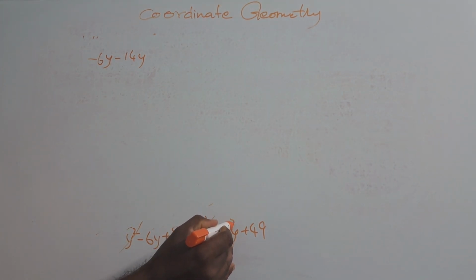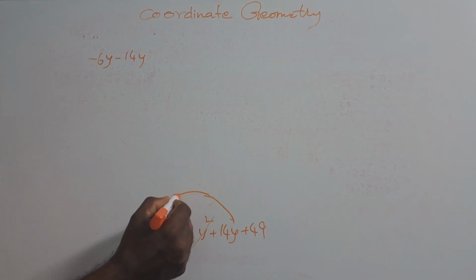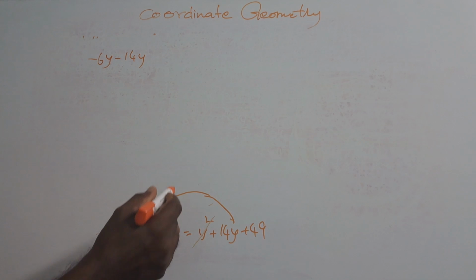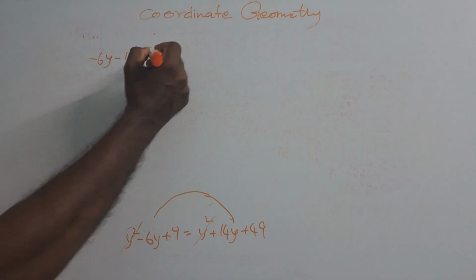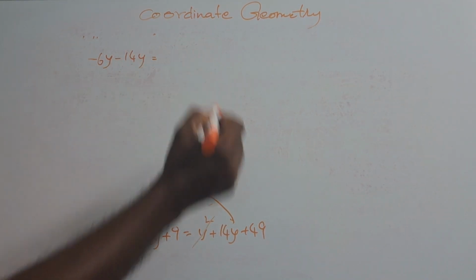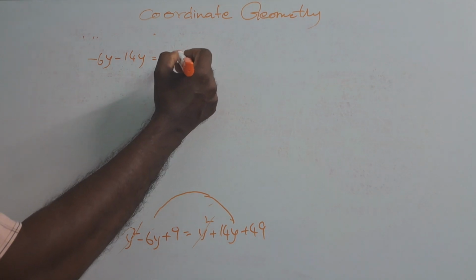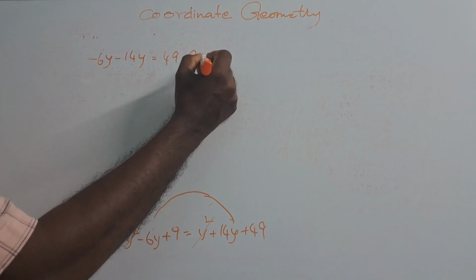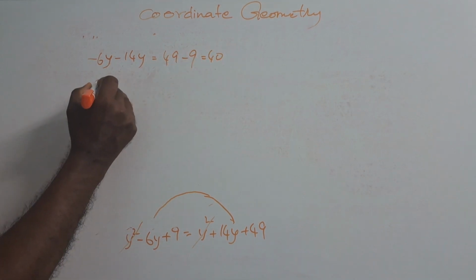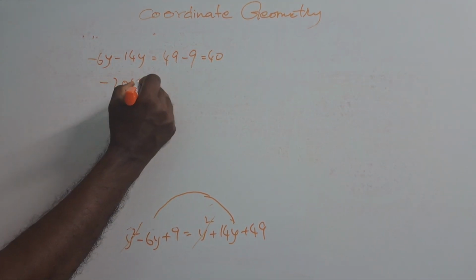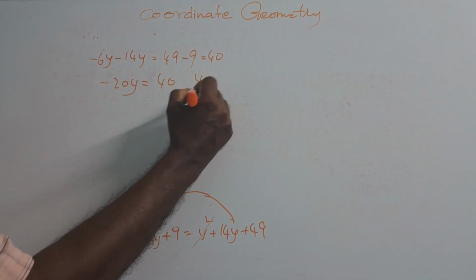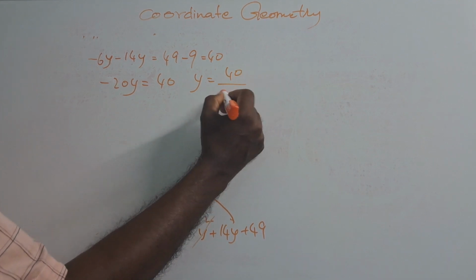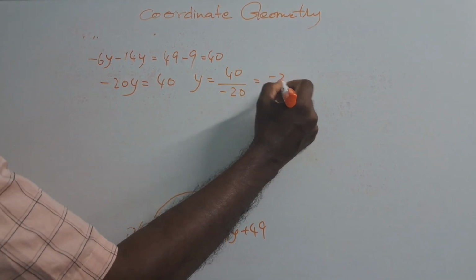When 14y is moved from right hand side to left hand side, it becomes minus, is equal to 49 minus 9 equals 40. Minus 20y is equal to 40. Y is equal to 40 by minus 20 is equal to minus 2.